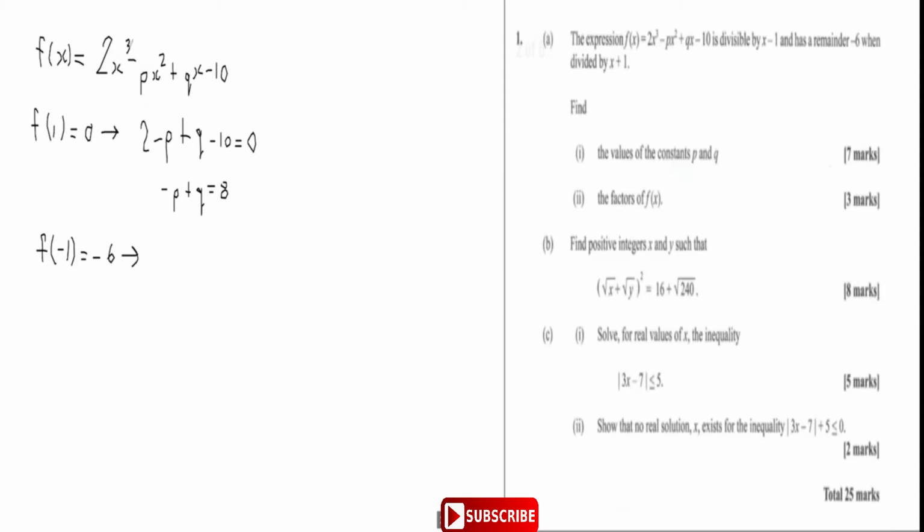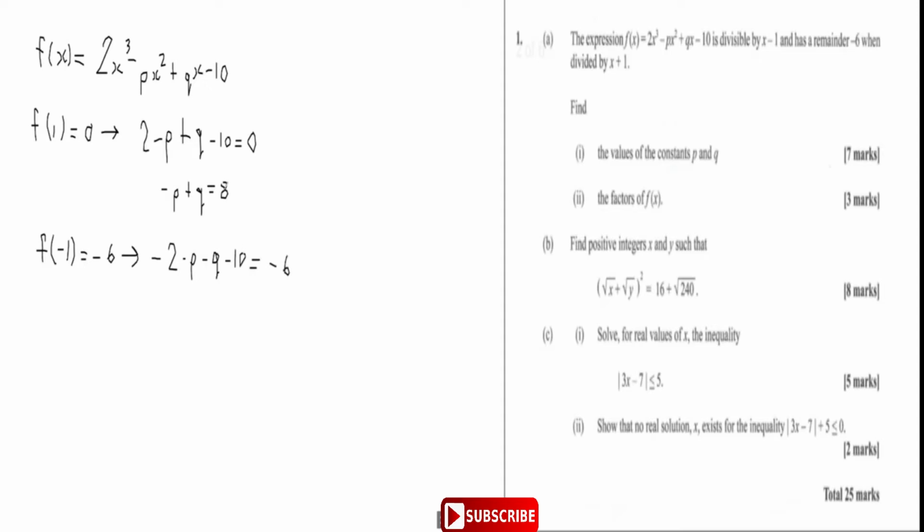Minus 1 cubed is minus 1 times 2, which is minus 2. Minus 1 squared, which is 1. 1 times minus p is minus p. Then minus 1 times q, that's minus q, minus 10, and that's equal to negative 6.